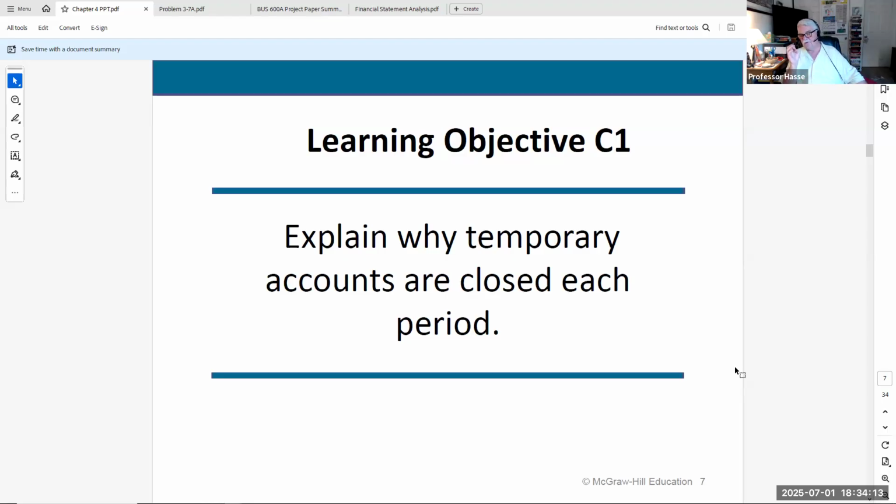You do the closing journal entries to close the temporary accounts and then do a post-closing trial balance. So that's our subject for tonight. Why do we close certain accounts and not close all the accounts? That's our lecture for this evening.